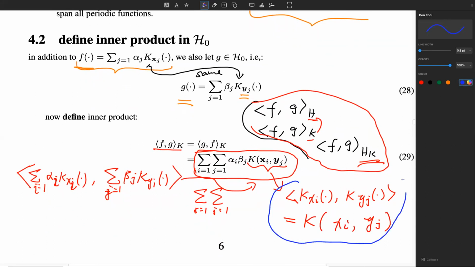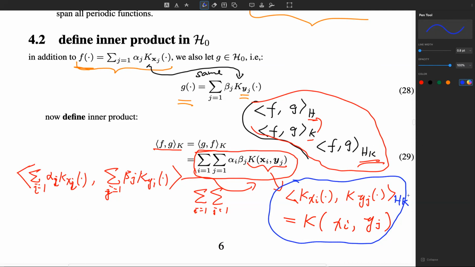Where have you seen that before? I'm going to put say HK here. The inner product of the two functions is essentially the kernel function that returns the true value, and the value is essentially the parameters of those functions.